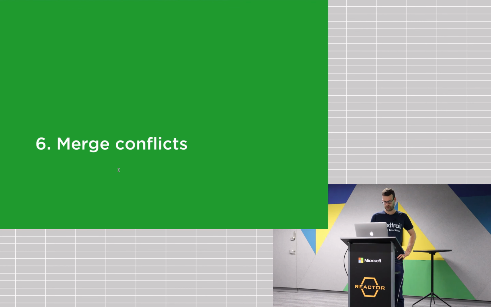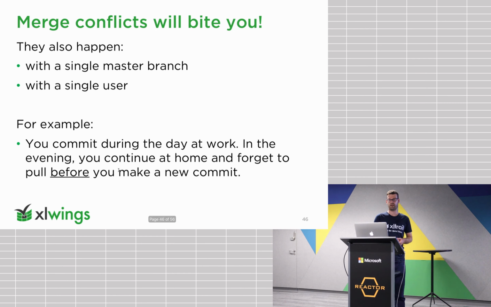And this brings us to the last, but most difficult topic, which is merge conflicts. I can assure you that they will come and bite you, because a lot of people probably think that if they work alone on a Git repository, or just on a master branch, that this prevents them from running into merge conflicts. But that's not true.